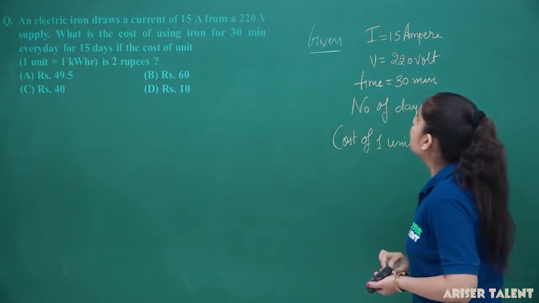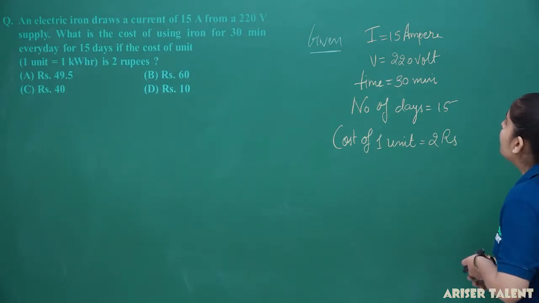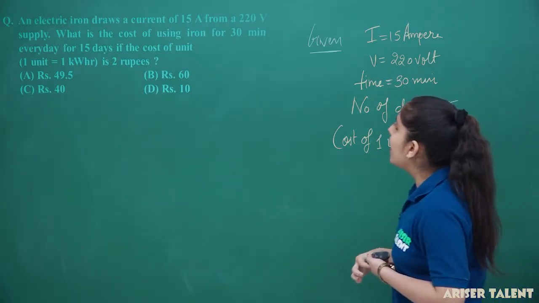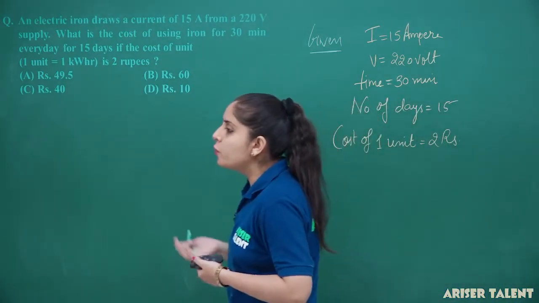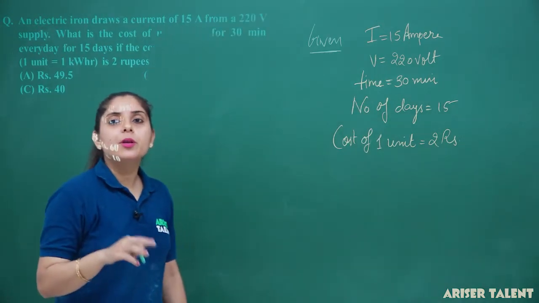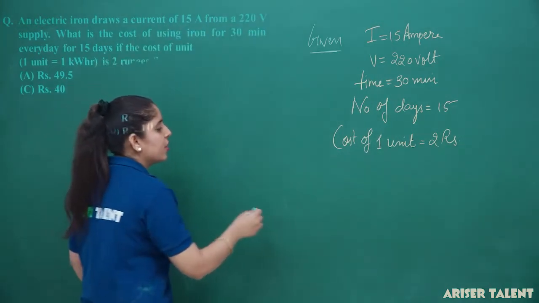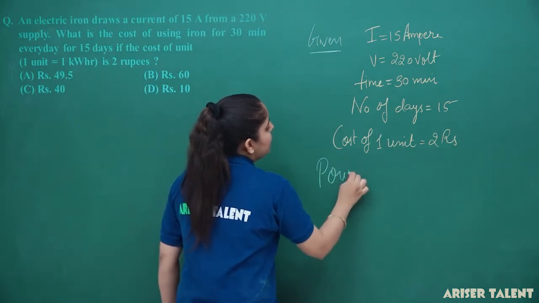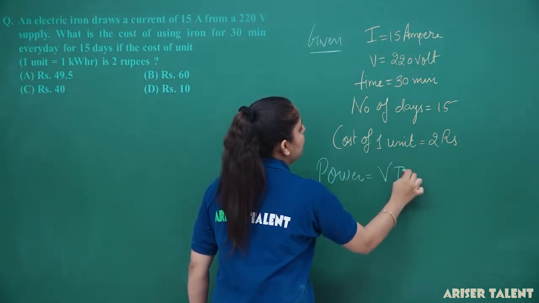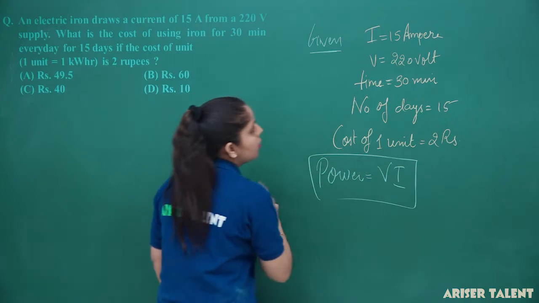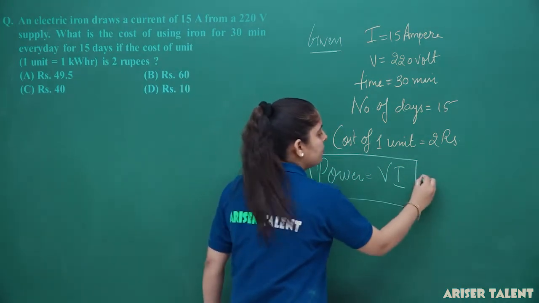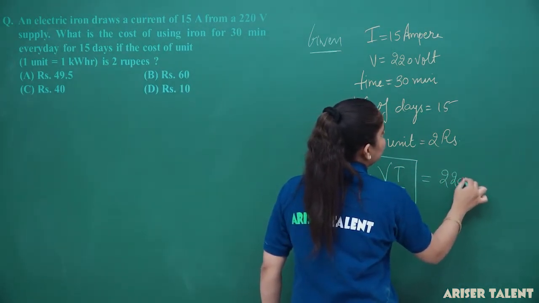Now, you are provided with current and voltage value. So what you have to determine? You have to determine the cost of using iron. So what I have to calculate? I have to calculate the power in this question. So power must be calculated by the formula P equal to VI. What is the value of voltage here? 220. And what is the value of current?